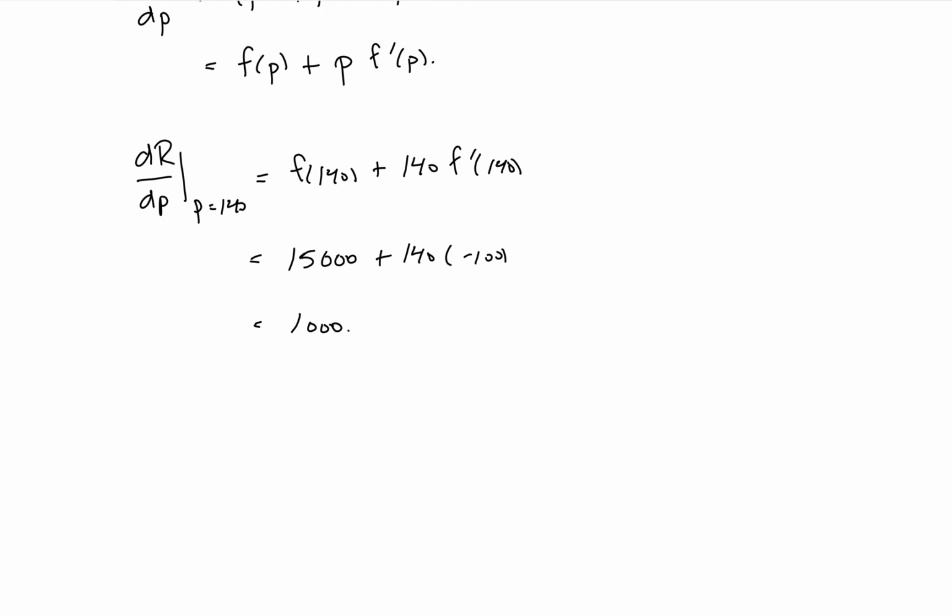So in particular, we see the change in revenue is positive. So it is an increasing function. So at p equals 140, revenue is still increasing.